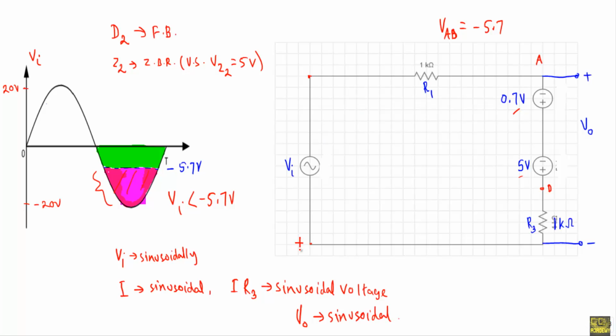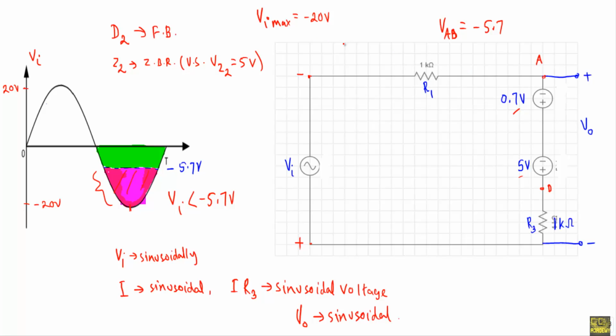This was the positive, this was the negative terminal. Now what will be the maximum value of negative output voltage? Now see, when our input voltage Vi is at its negative maximum, or minus 20 volt, I will get minus 5.7 between this A and D terminals.